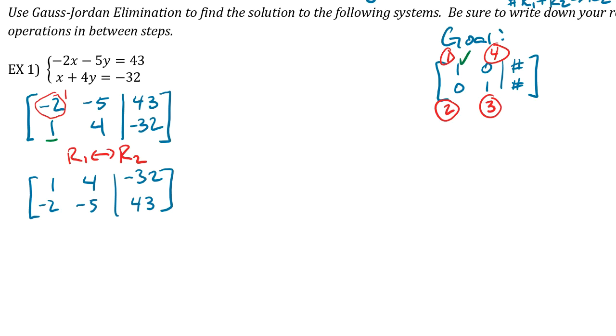Next up, we want to change this -2 into a 0. Alright, so here's the key to making a 0. First off, we need the opposite of -2. So remember when we did elimination, we talked about opposite numbers? Same number, opposite sign. Opposite of -2 would be +2. So we're going to write down +2.